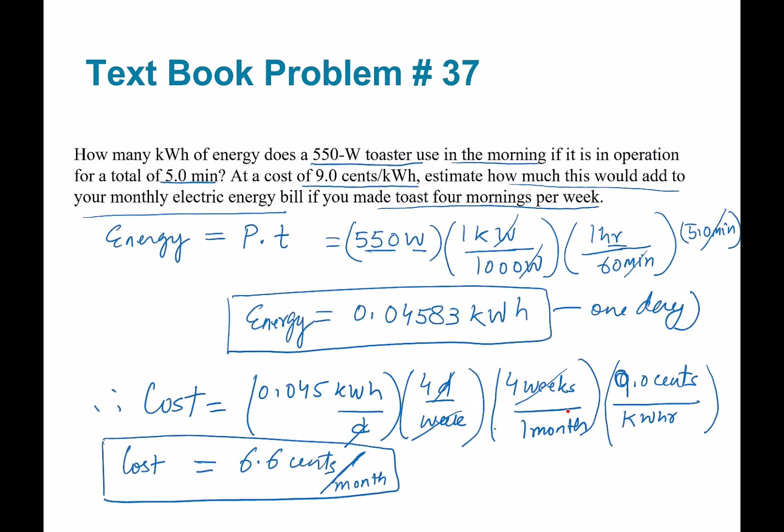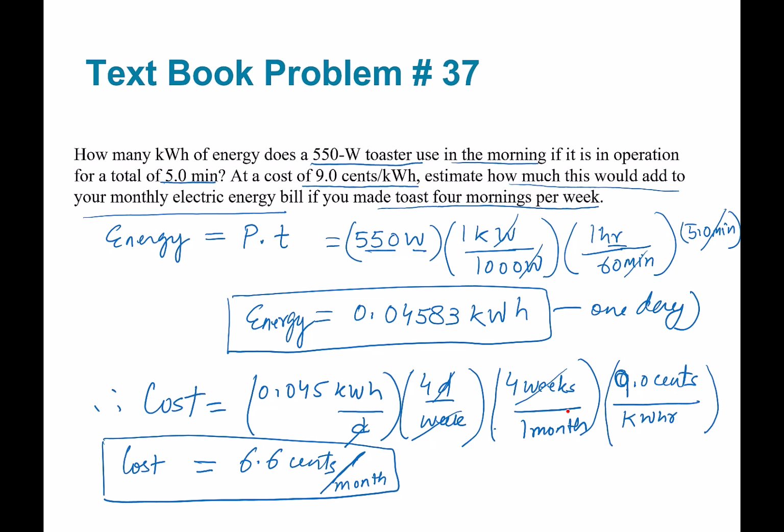So then there was this problem that we worked on to find out how much it costs to operate an electrical toaster 5 minutes every day if the toaster has a wattage of 550. What if 9 cents is the cost of the electrical energy per kilowatt hour? So you find out how much money you are spending every month on that.